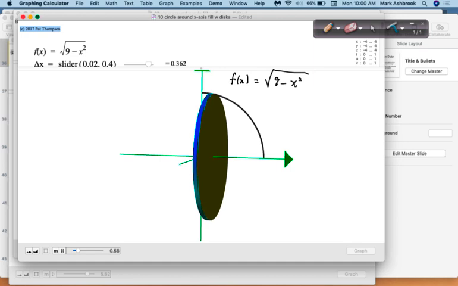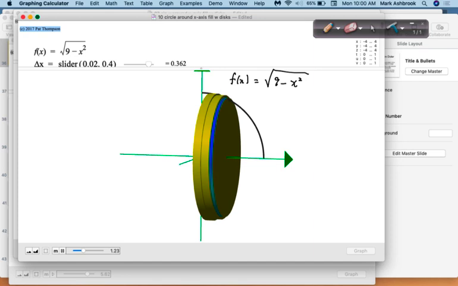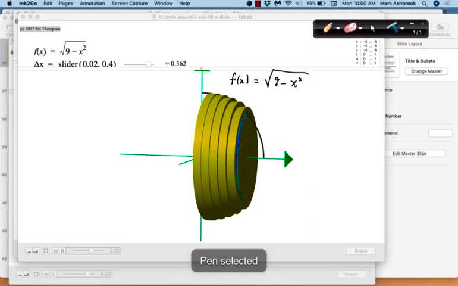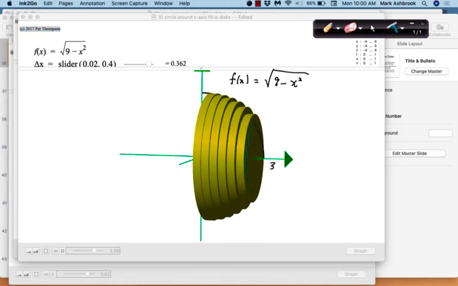So let's do it. First of all, what's the real surface area from 0 to 3? So from 0 to 3, what is the actual surface area?